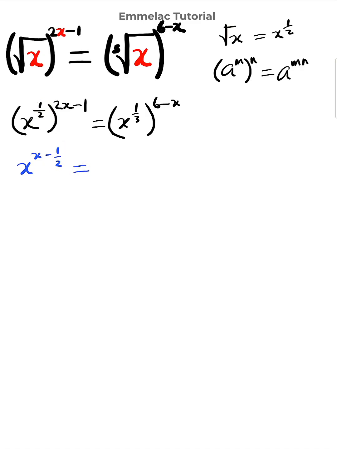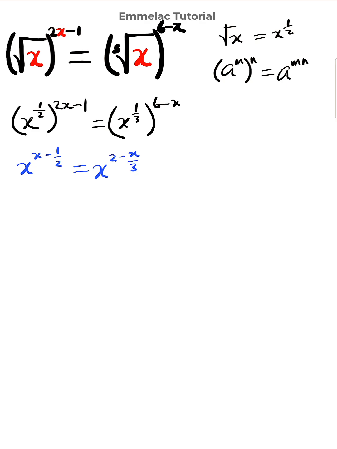Then equals, now we apply the same rule here. So 1 over 3 is distributed across 6 minus x, and that gives us x raised to 2 minus x all over 3.